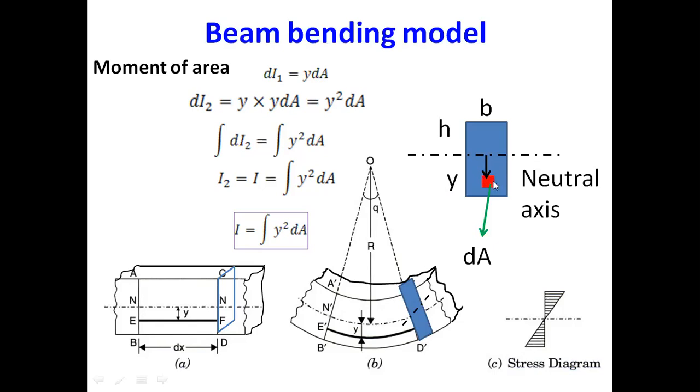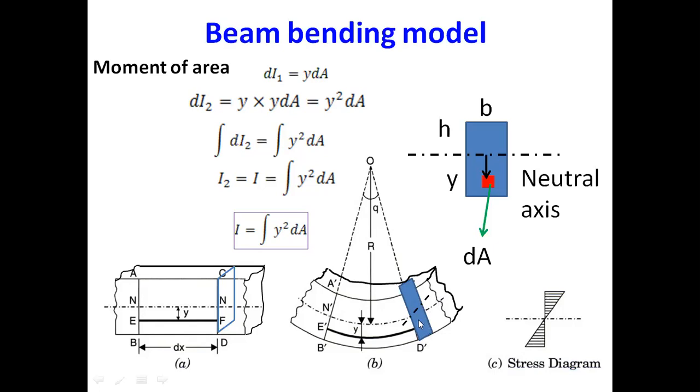I am taking a small area of this cross-section, let's say dA, at a distance y below the neutral axis. This area has moved about the neutral axis.